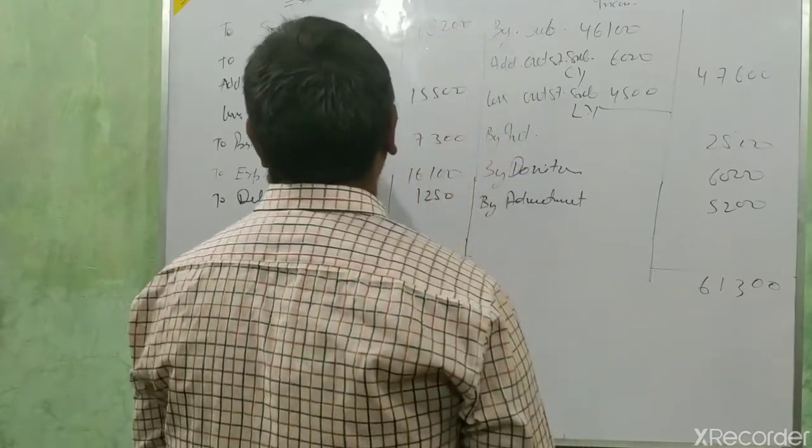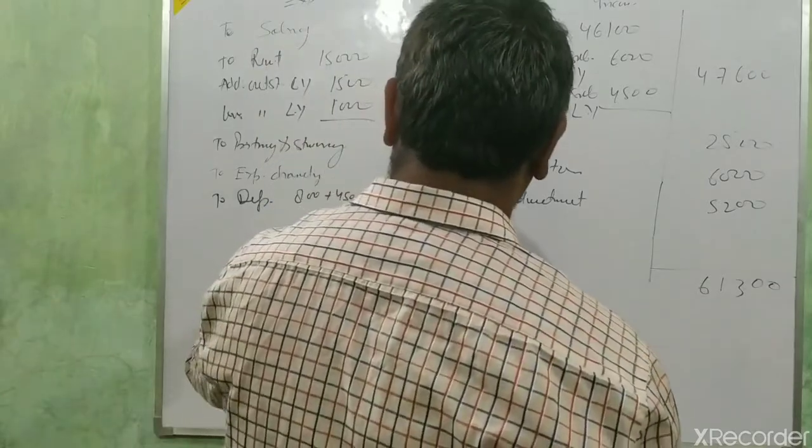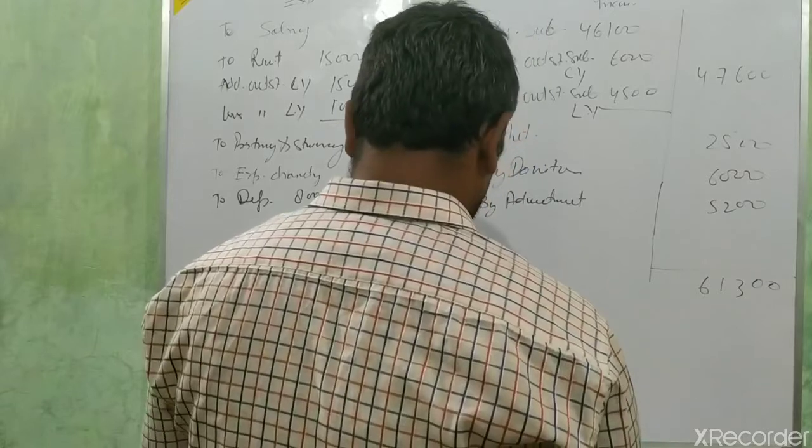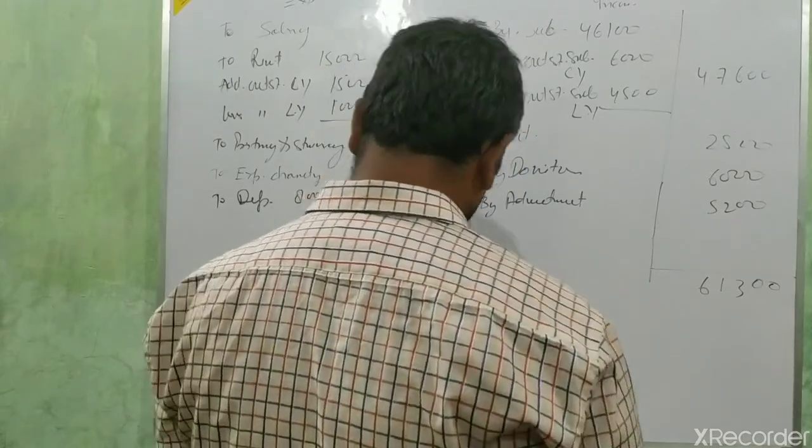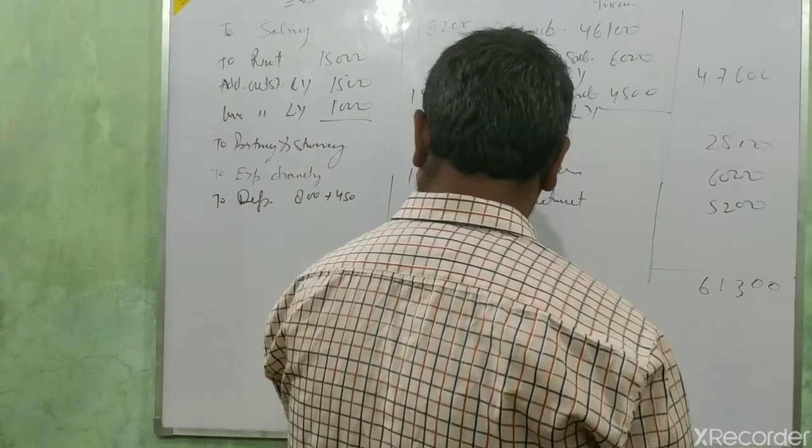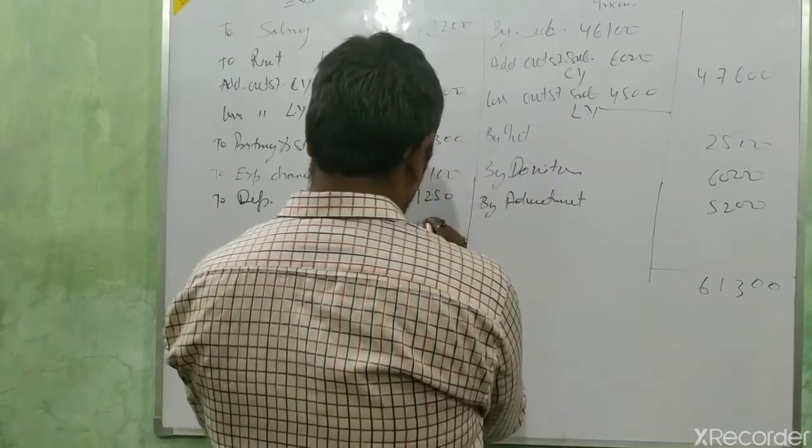Less this amount: opening capital fund 30,900. It's excess of income over expenditure 2,950. Balance sheet total 59,850.